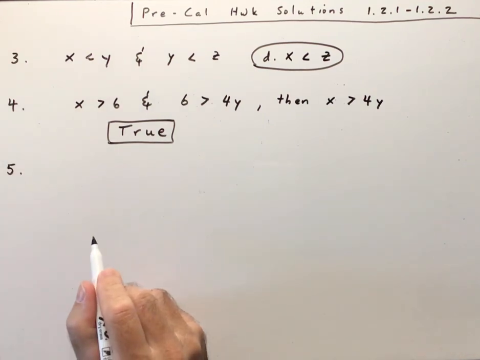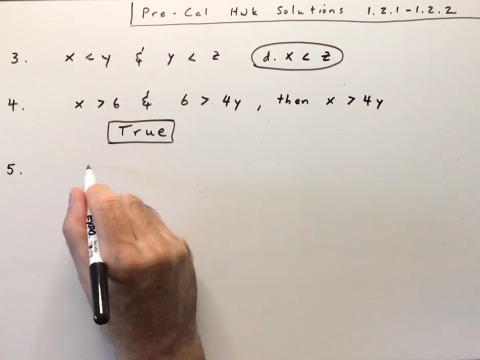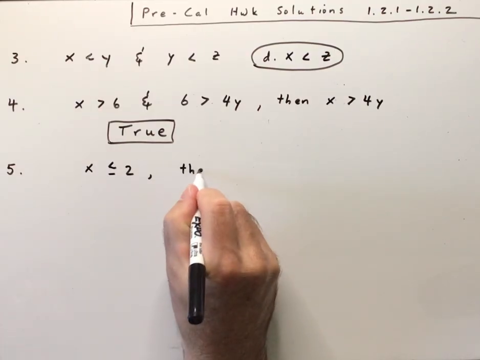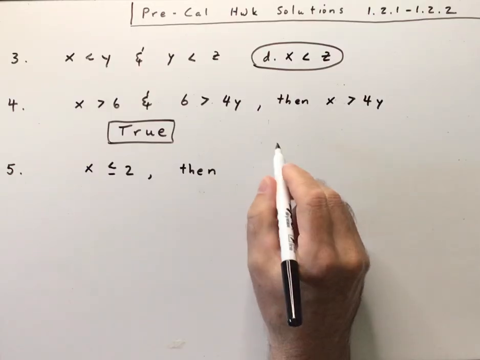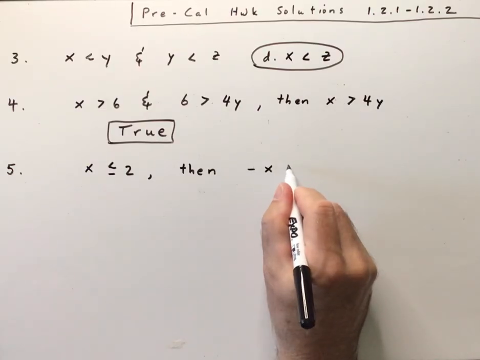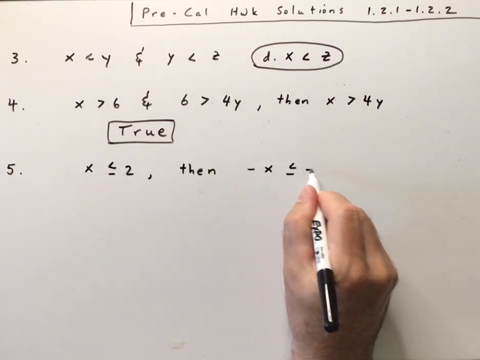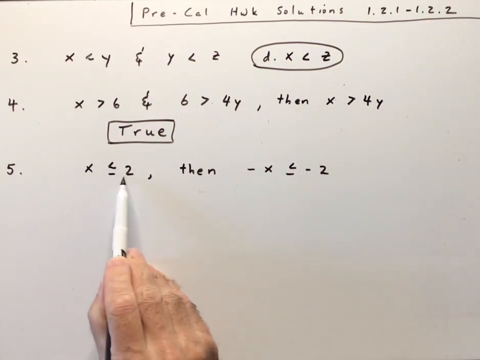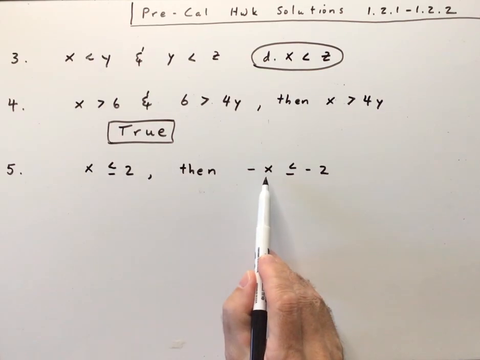Okay, number 5, true or false. If x is less than or equal to 2, then negative x is less than or equal to negative 2. Well, let's leave this alone right now and change this from negative x to x.